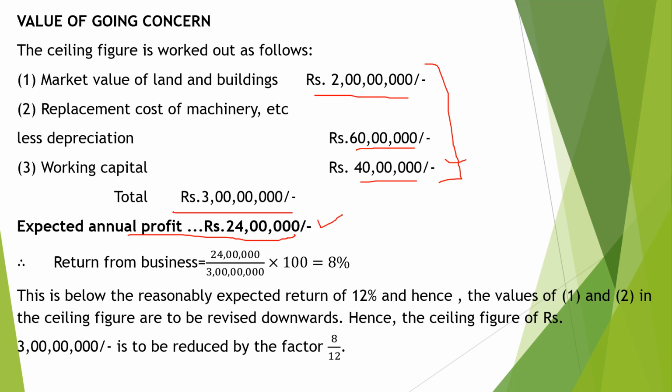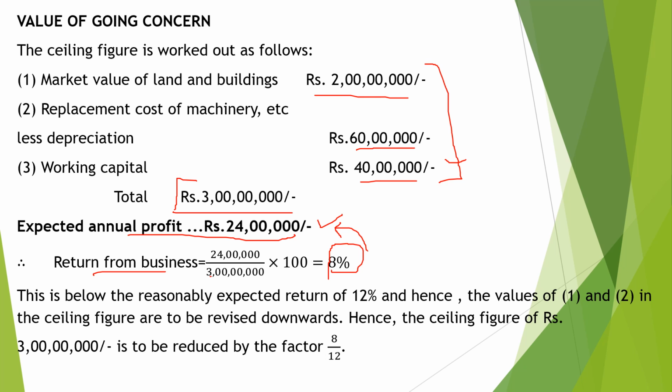Now see, investment is 3 crore and expected profit is 24 lakh. It means the return from the business is 24 lakh divided by 3 crore, so we are getting 8% return from the business. If the expected annual profit is 24 lakh, the return is 8%.